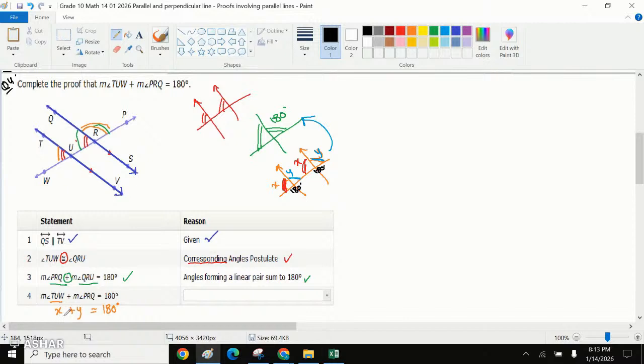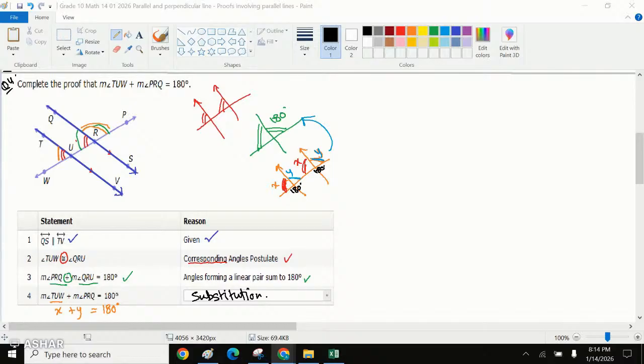Therefore, X plus Y is proved to be 180 and it is known as substitution, right? That we are substituting the values of the angles and we are saying that these two angles X and Y are equal.